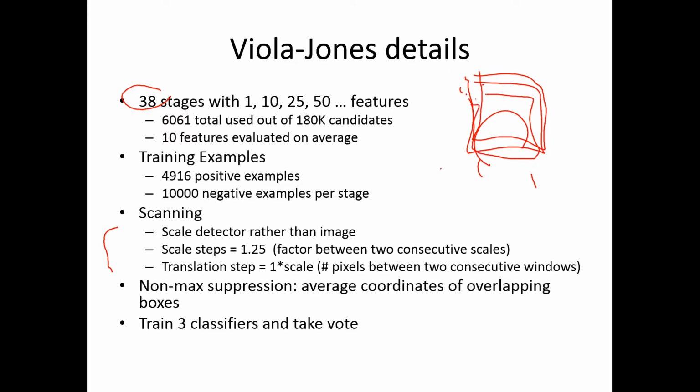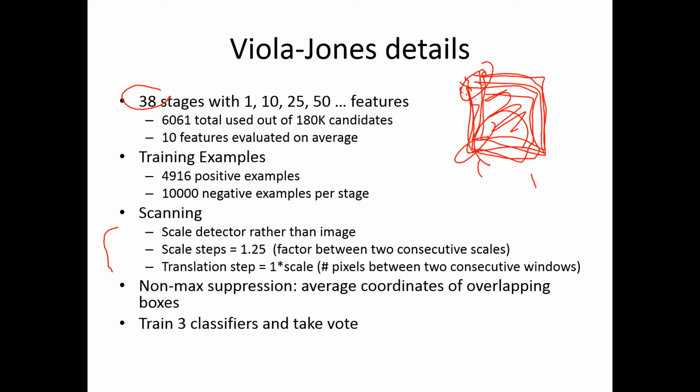Let's say you have 2 boxes that have significant overlap. You expect that both boxes correspond to the same target. So then you can just average out the coordinates, right? Basically take the average of these 2 coordinates, average of these 2, average of these 2, and so forth, to get the final box there.